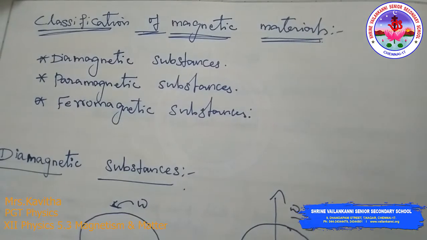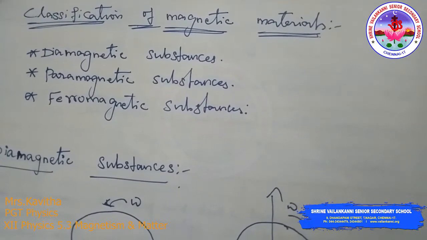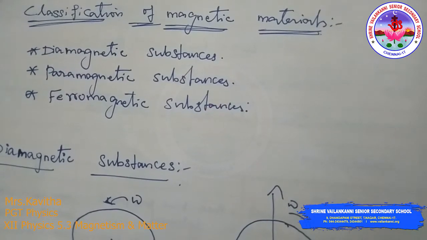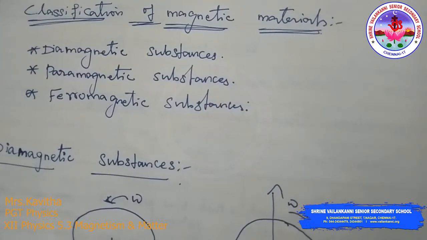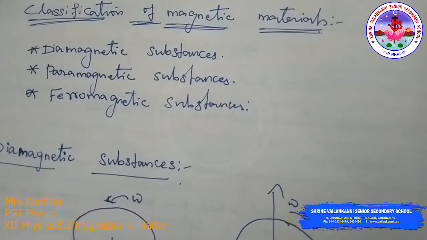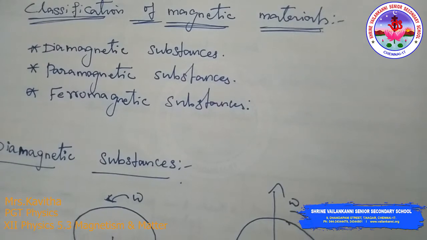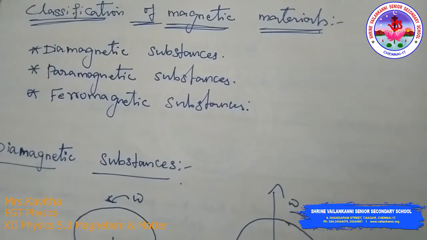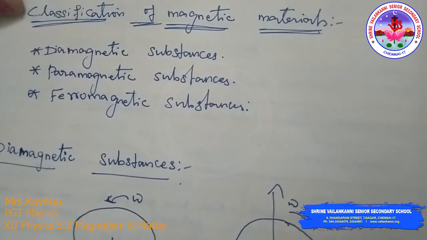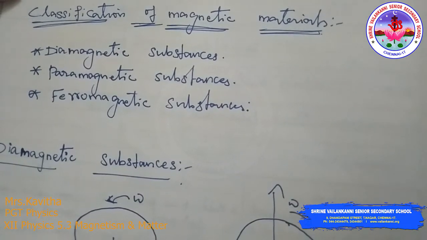Now we can see the classification of magnetic materials, on the basis of their behavior in an external magnetic field. Faraday classified the various substances into three categories: diamagnetic, paramagnetic and ferromagnetic substances.